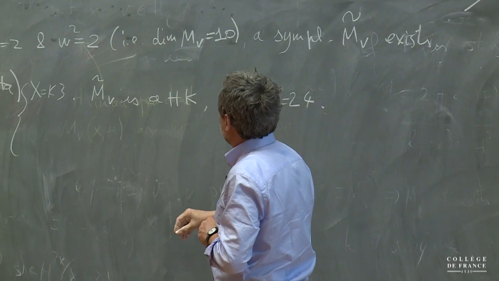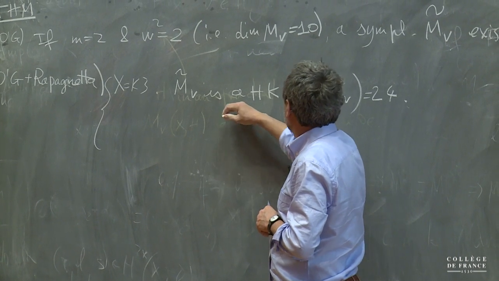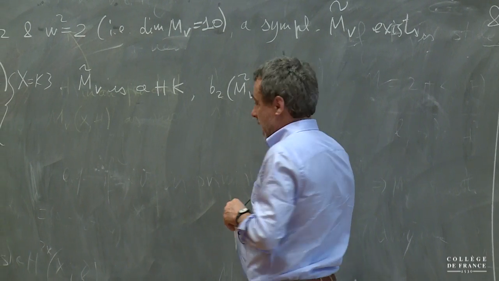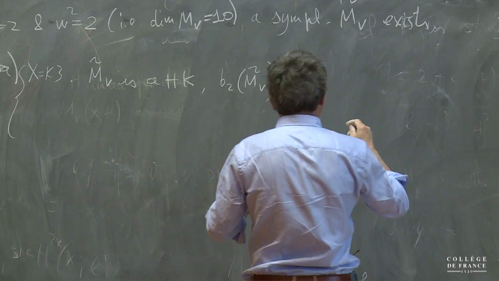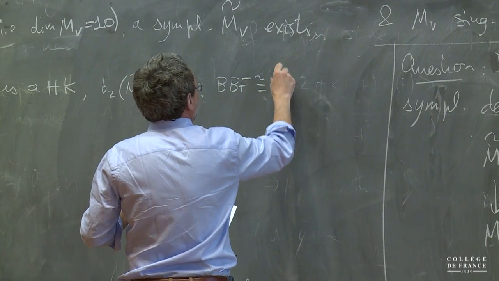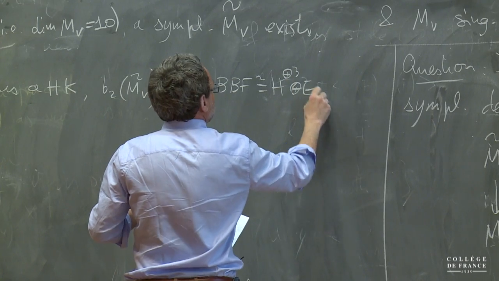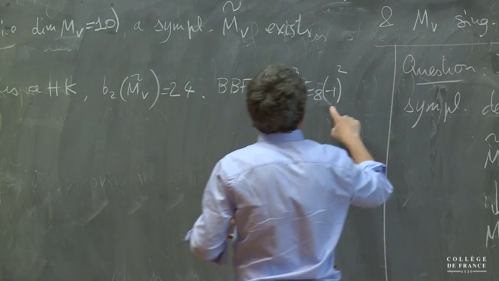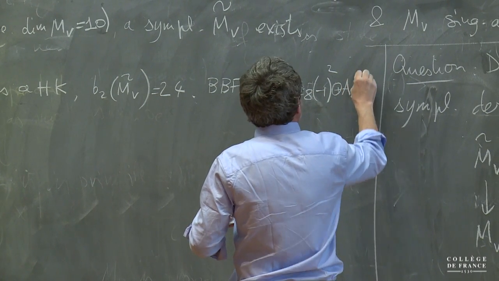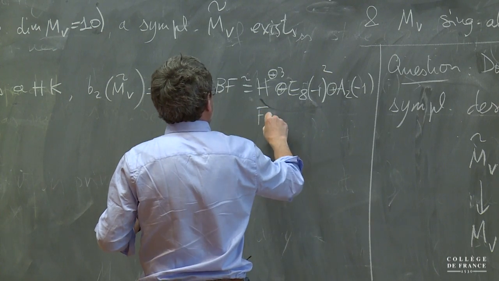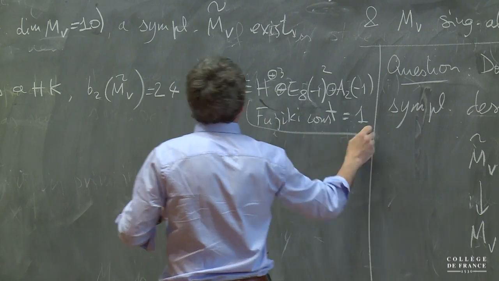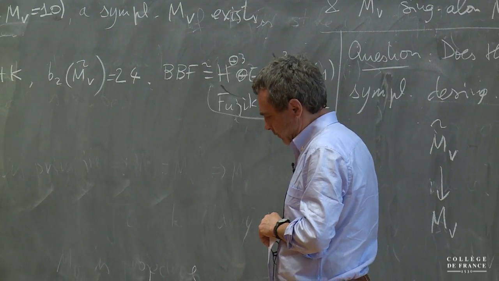So I proved that it's a hyperkähler and B2 is at least 24, and Rapagnetta proved that it's equal. And he also gave the Beauville-Bogomolov quadratic form. This is the K3 part. And the Fujiki constant with my normalization is 1, the same as for Hilbert schemes of K3s.